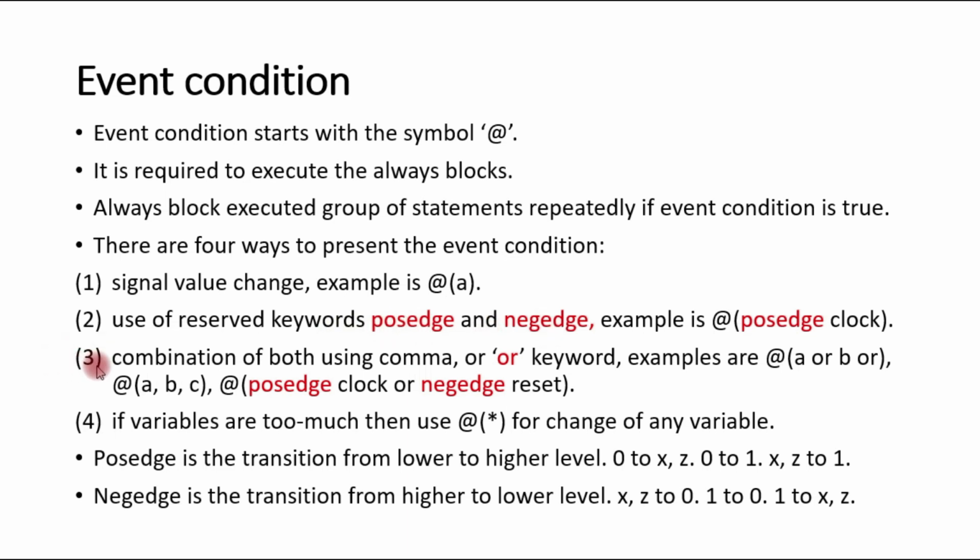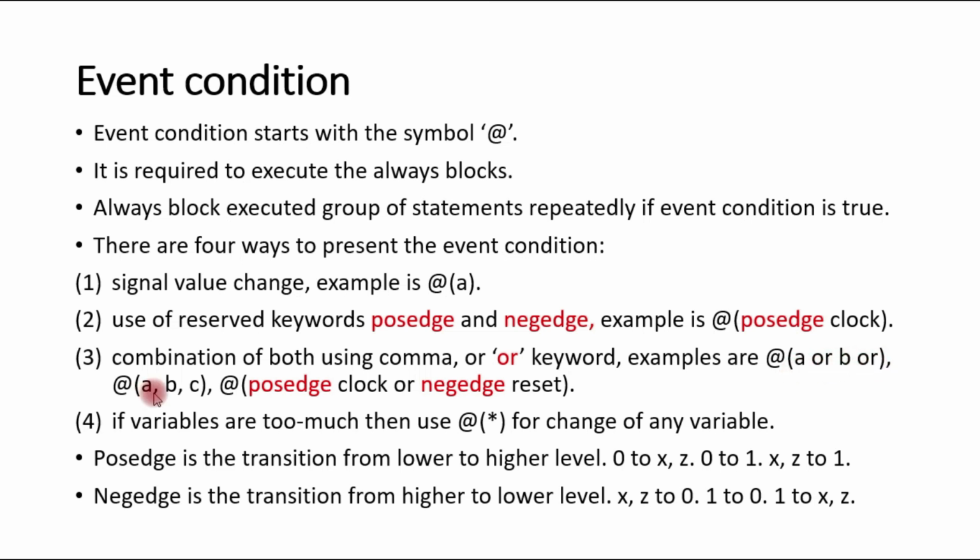In the third way, we can use the combination of number of signals or the reserved keywords, like when we have number of variables in a program and these variables are also affecting the sequential statements, then we simply use at the rate a b, or the number of variables we can define inside this bracket.